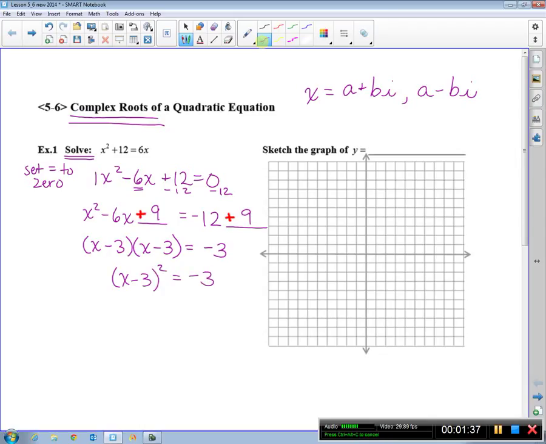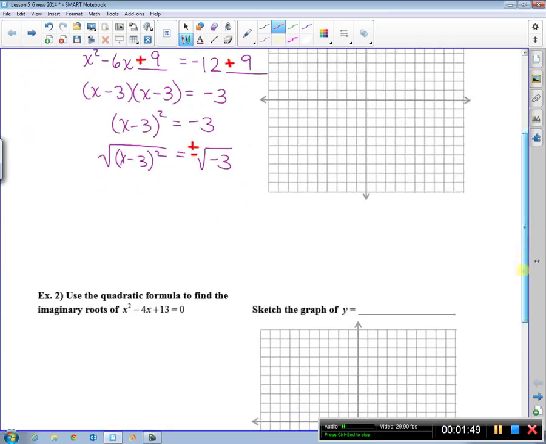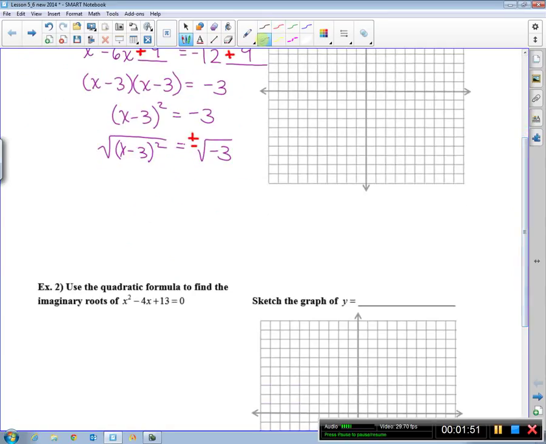We square root both sides. And remember, when you square root, you do what? Plus minus. So what do we have? X minus 3 equals positive and negative square root of negative 3. And adding 3, remember to squeeze it in right in front.